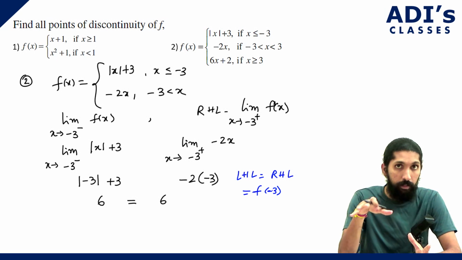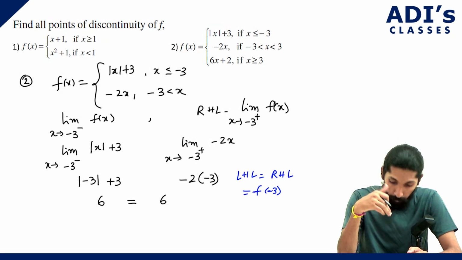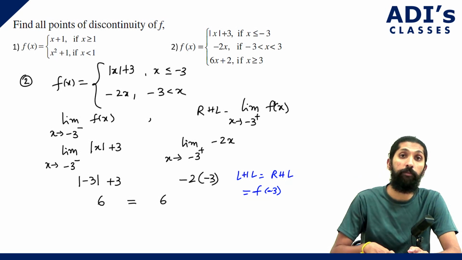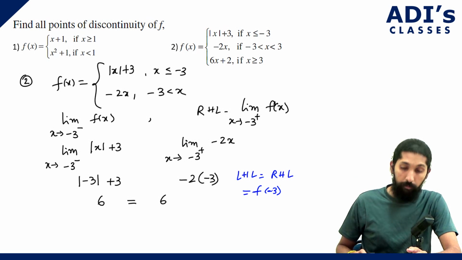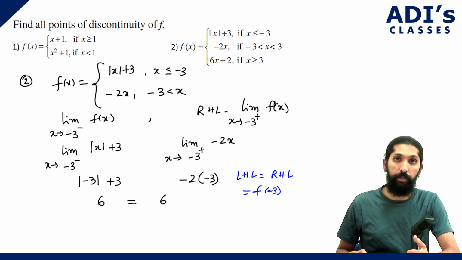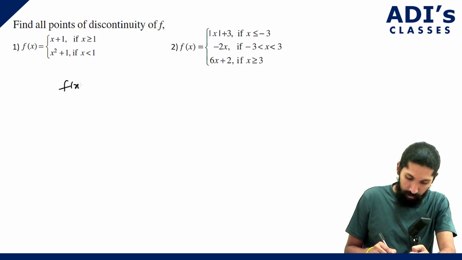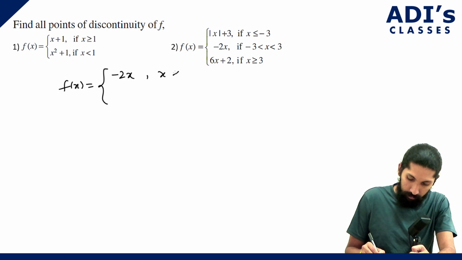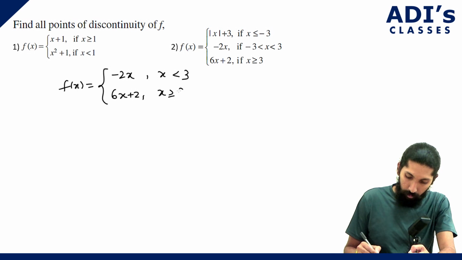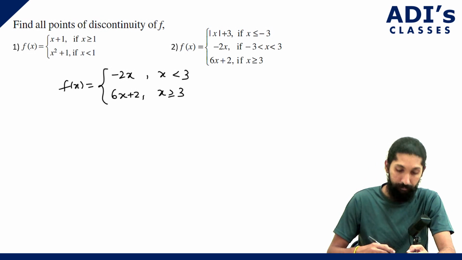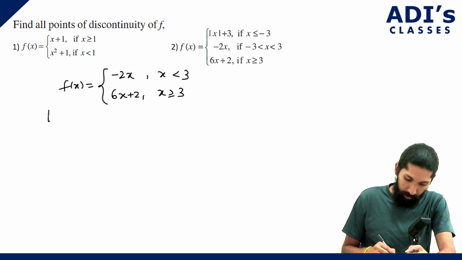But we don't know whether it's continuous at 3 or not. Now we need to look at the second part. What if x value is 3? Is it going to be continuous or not? For the second part, f of x is minus 2x when x is less than 3, and 6x plus 2 when x is greater than or equal to 3. Again, left hand limit as x tends to 3 minus is minus 2x.